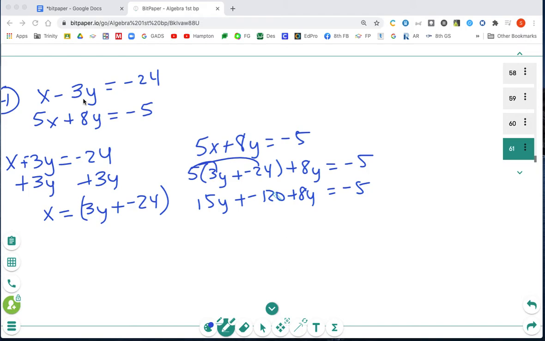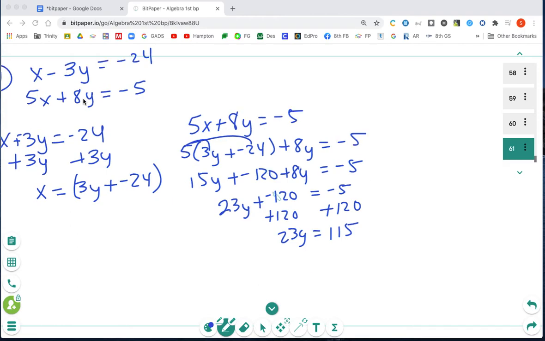I'm going to combine my y's to get 23y plus negative 120 is equal to negative 5. I'm going to zero pair out the 120. So 23y is equal to 115. Divide by 23, divide by 23, and y is equal to 5.